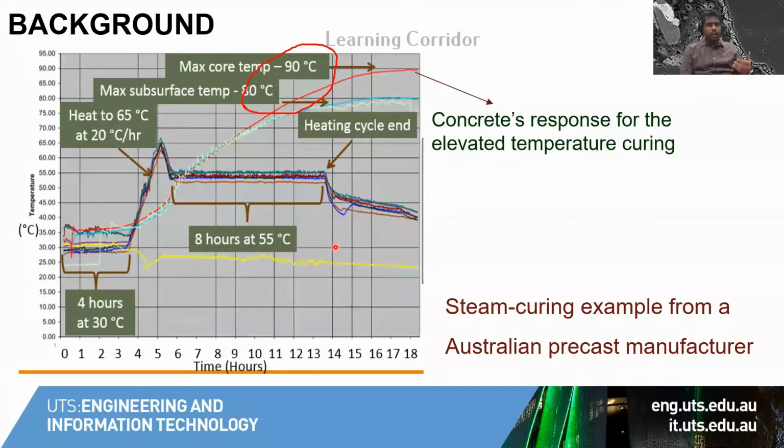So the reactions are all accelerated and more heat is generated and not dissipated from the concrete. Why do we have to bother about the concrete reaching a very high temperature? Because it alters the hydration rate, which we actually wanted, but it also alters the hydration products formed in the concrete system.